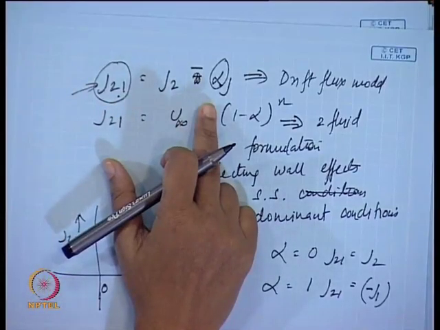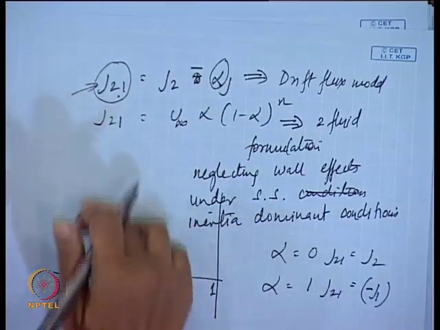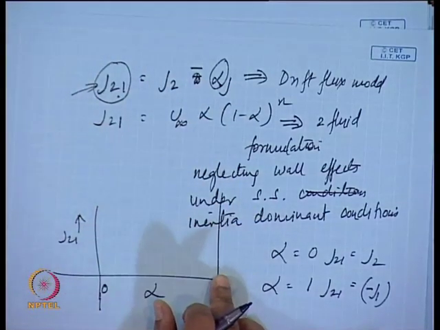Now, there is a second way of representing the data or the relationships which we have got. Same thing, we start from the same relationships, from this particular equation itself, and we can find out a relationship between J1 and J2, okay, and we can represent it in a curve of J1 versus J2.